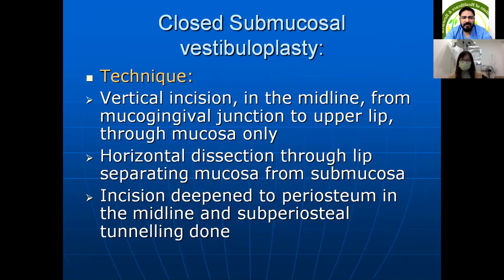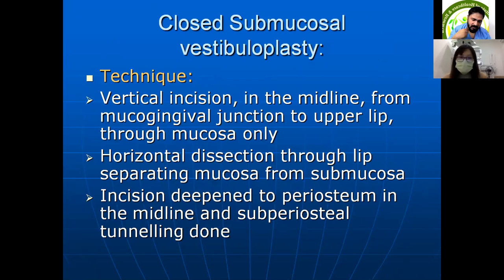Closed submucous mucosal vestibuloplasty, the technique is a vertical incision in the midline from the mucogingival junction to the upper lip through mucosa only. Then horizontal dissection through the lip, separating the mucosa from the submucosa. The incision is deepened to the periosteum in the midline and subperiosteal tunneling is done.